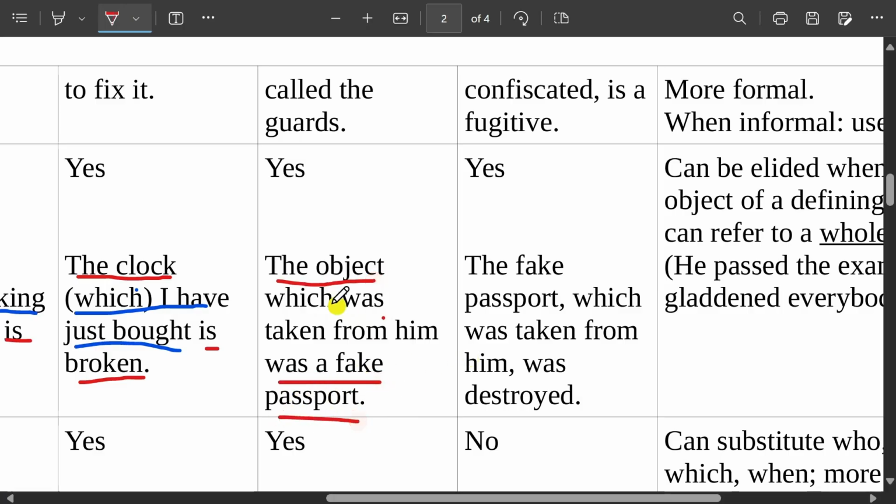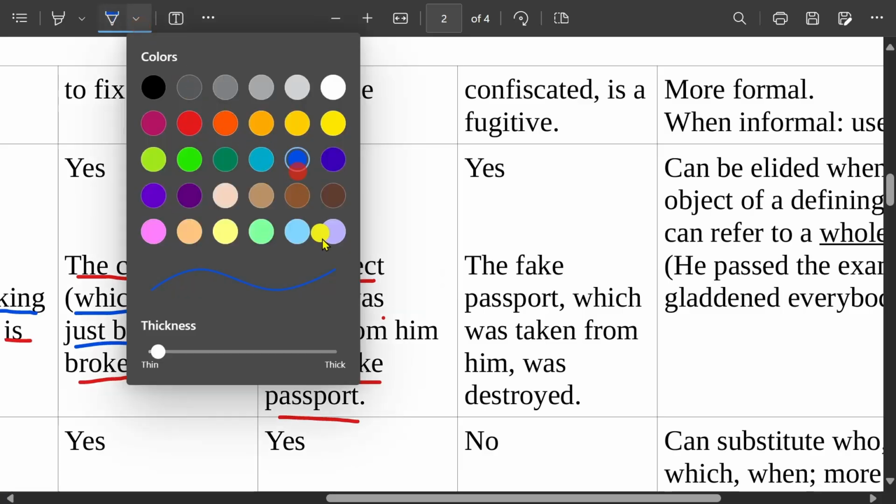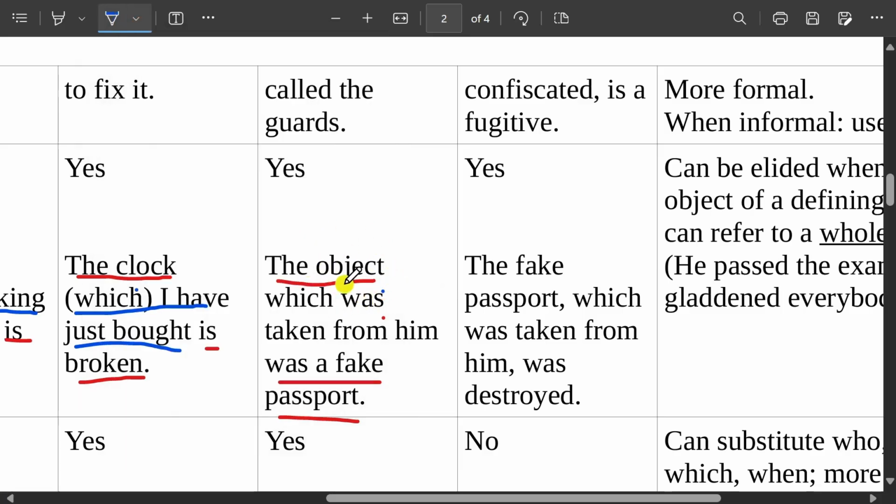But if you just pay attention to the object, you don't know what you are talking about. It's not specified. So the next clause specifies what object we are talking about, which was taken from him. Then you understand. It's a specific object, not any object.